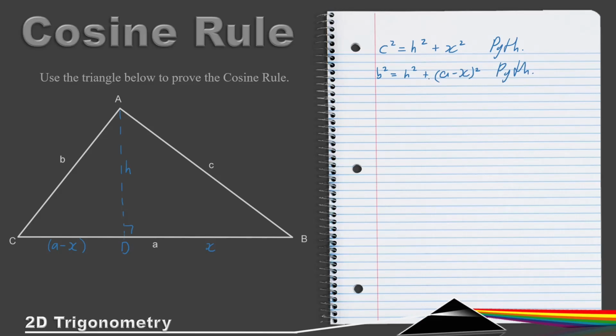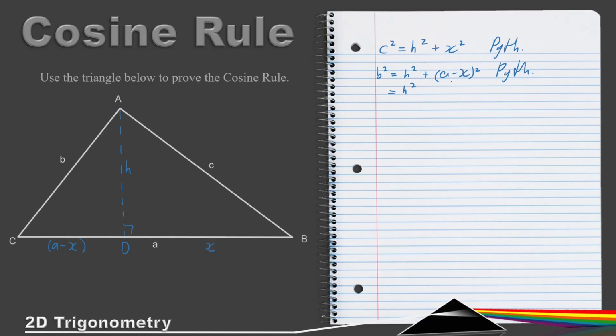Alright, now what we can do is further expand this, and I'm going to multiply this bracket out the faster way. Just be careful not to make the common mistake of just squaring the a and the x and leaving it at that. Remember, these are two brackets next to each other.